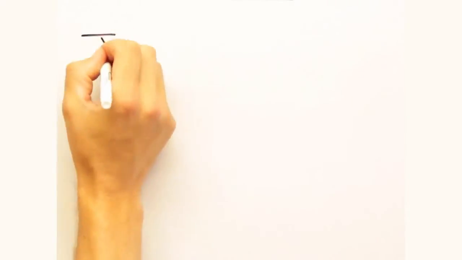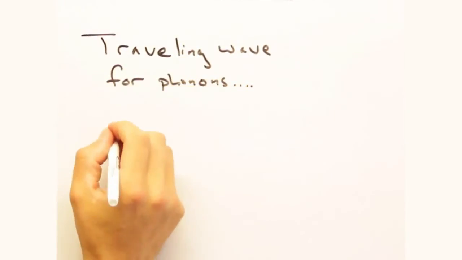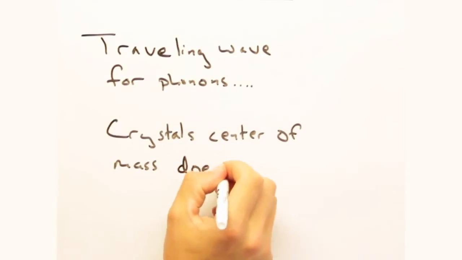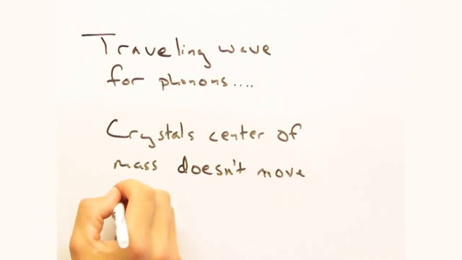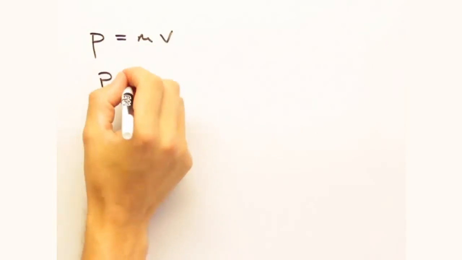That analogy seems like a standing wave solution when we've been treating our displacement as a traveling wave. Right, but if you zoom out and look at the crystal, does the center of mass move for vibrations? No. Yeah, although we have individual atoms oscillating, over a time average we get no net displacement for the crystal's center of mass. While that makes sense, I'd like to see some math to back that up.